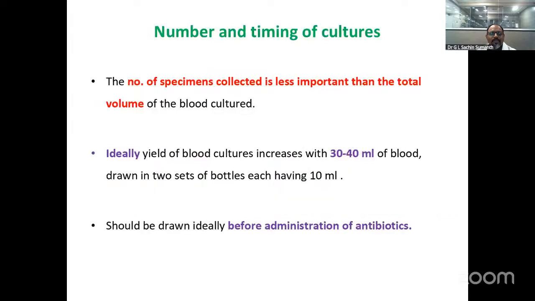And the number and timing of the cultures: how many cultures we have to take and at which time. The number of specimens collected is less important than the total volume of the blood culture. Ideally, the yield of blood culture increases with 30 to 40 ml of blood, drawn in two sets of bottles, each having 10 ml, and it should be drawn before the administration of antibiotics.